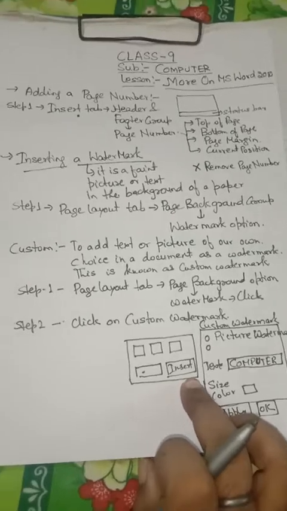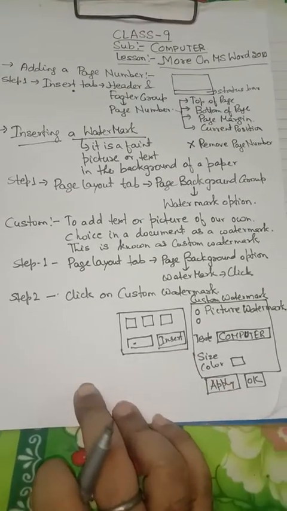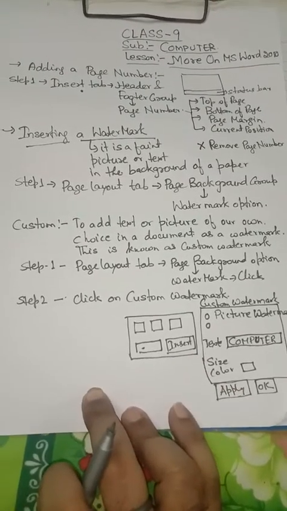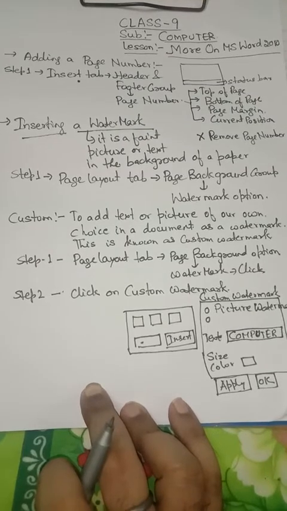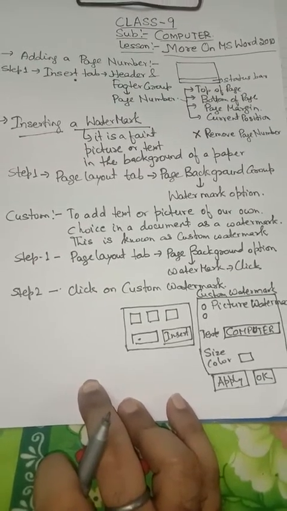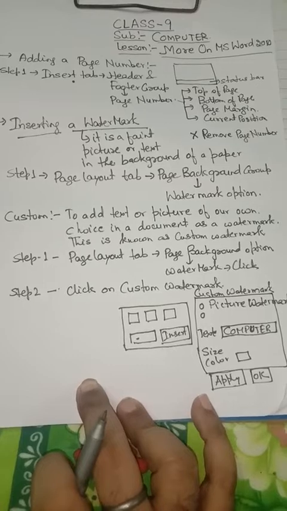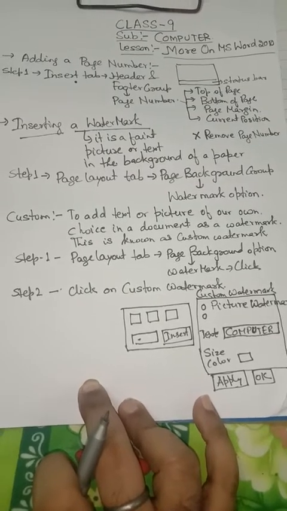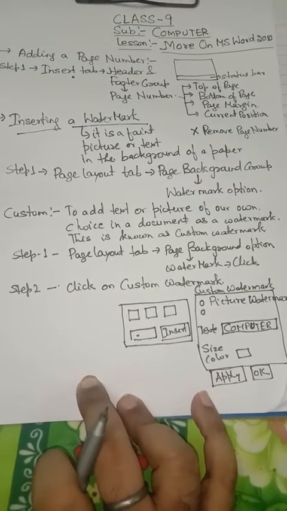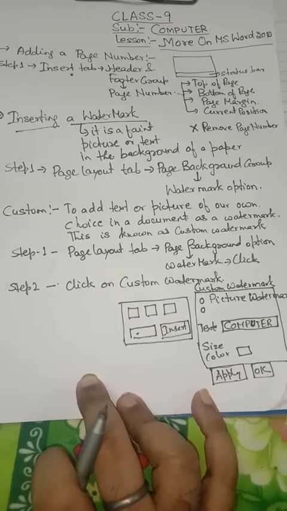So students, what we have discussed till now is how to add a page number, the different options that are available to add the page number at different parts of the document, what a watermark is, and how we can insert a watermark.